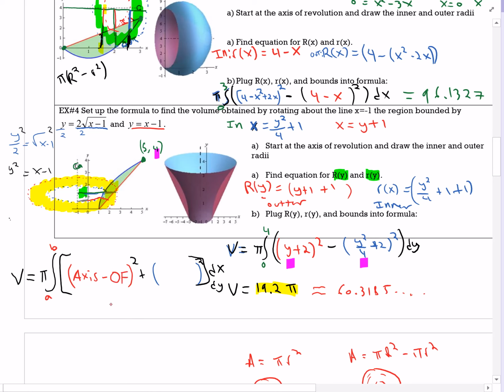This means outer function. And then you can add the same idea here, axis minus inner function, where this is the inner function. And this will always give you what you need for these things. It'll always give you the volume anyway.